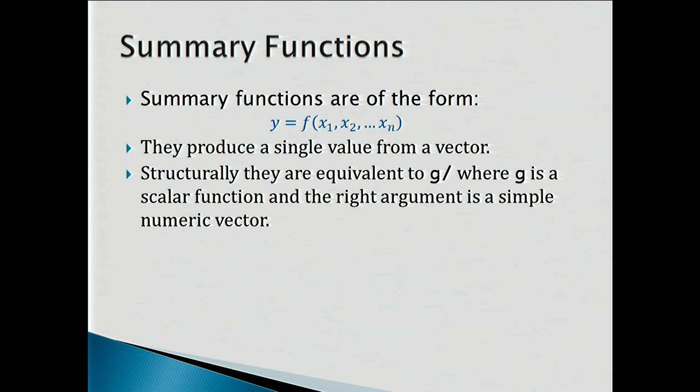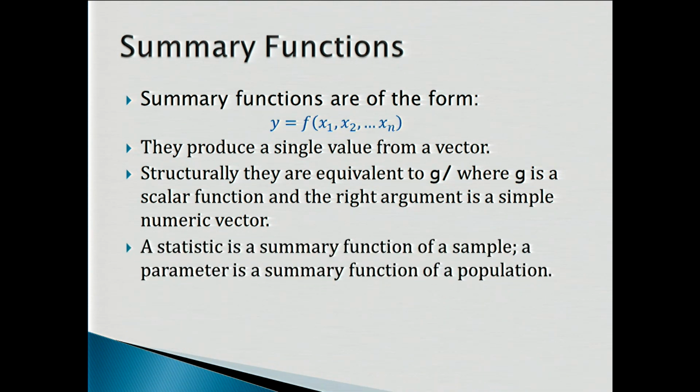Structurally, these summary functions are equivalent to g/, where g is a scalar function and the right argument is a simple numeric vector. Okay? If you do +/, you take a vector and compress it into a scalar. A statistic basically is a summary function of a sample. A parameter is a summary function of a population.